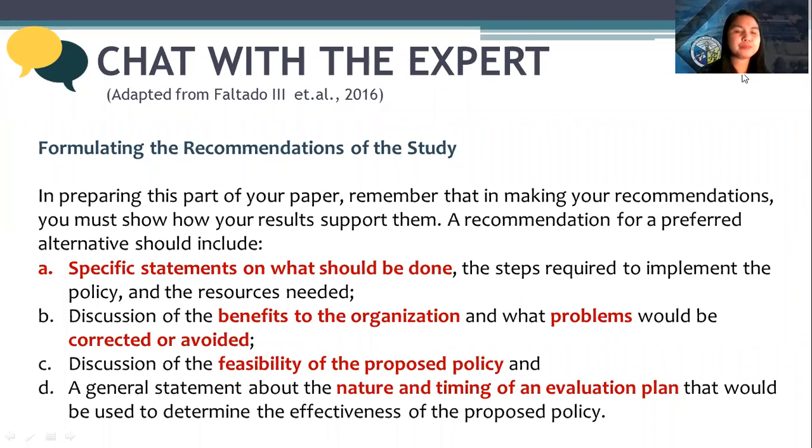For example, if your study is on the perception of students in online distance learning in relation to their academic performance, and you notice that their perception is related to academic performance. It means if they have higher levels of positive attitude towards online learning, they tend to perform well academically.